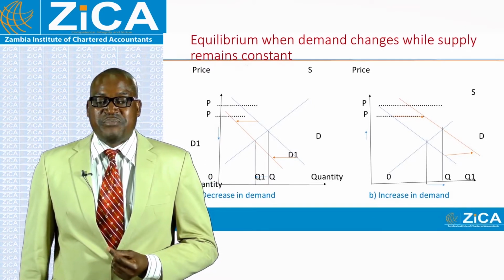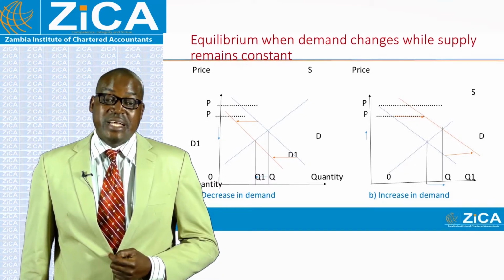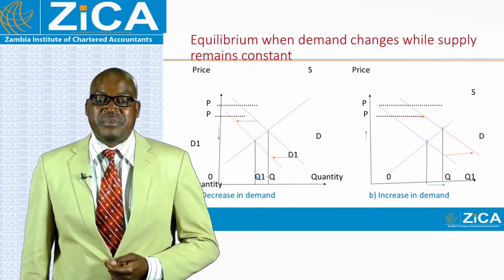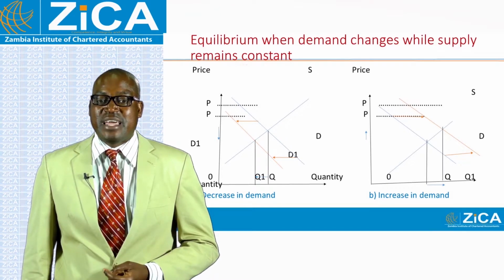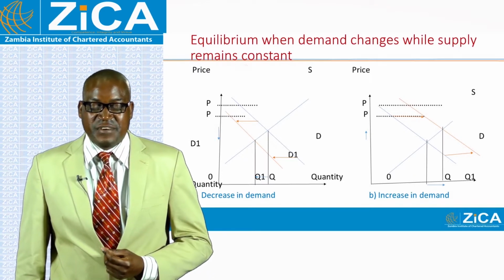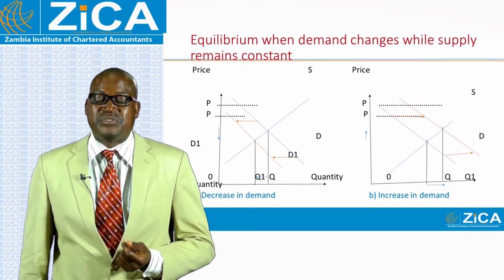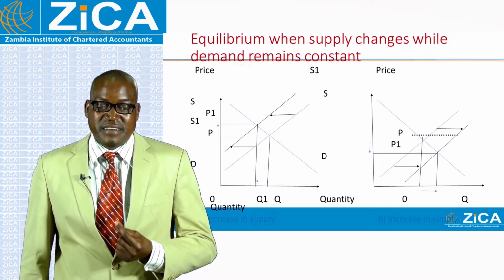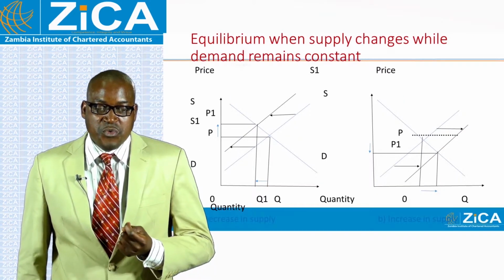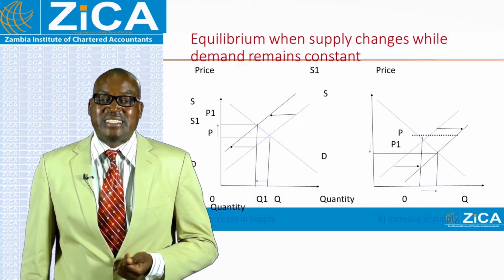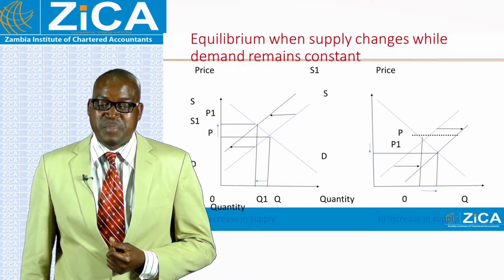I have an example here of what happens when there are changes in equilibrium as a result of a change in supply or a change in demand. The first graph on the left tells us what happens when there's a rightward shift in the demand curve. We see that a rightward shift in the demand curve would normally increase the equilibrium price as well as the equilibrium quantity.